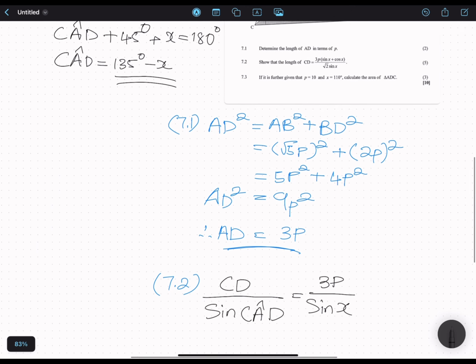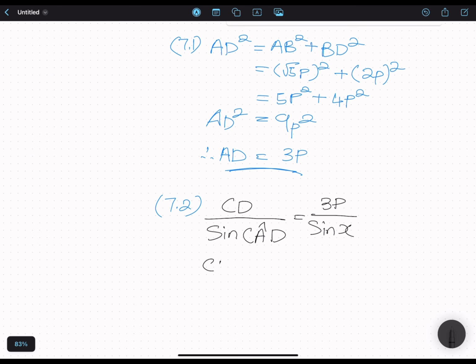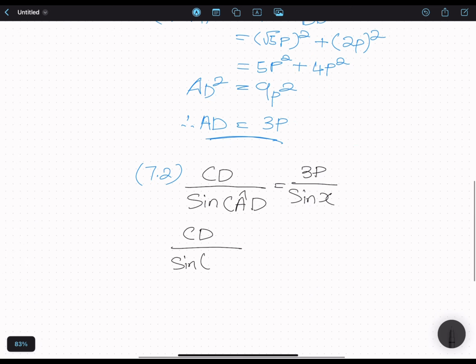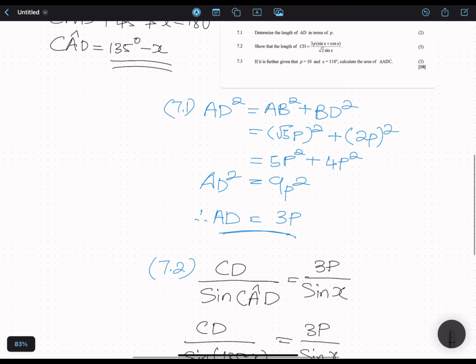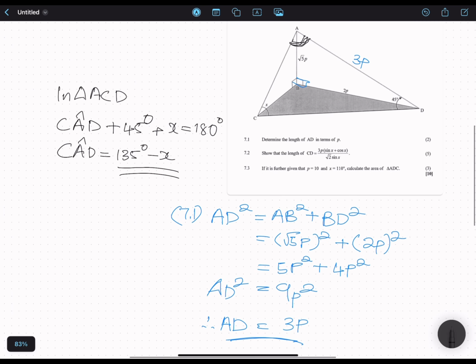So we can just come here and say CD divided by sine of this angle. Instead of writing this angle here, we can write it in terms of 135 minus x, which is equal to 3p divided by sine x. Every time you solve this kind of equation, you have to check that we still have sine at the top and at the bottom.